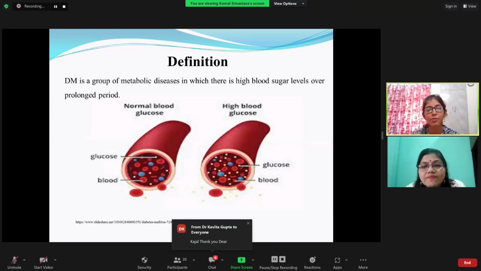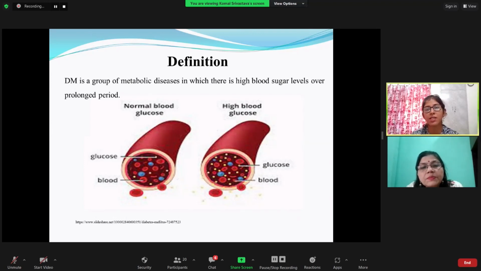So just recapping what exactly diabetes is and the different types: diabetes mellitus is a group of metabolic diseases in which there are high blood sugar levels over a prolonged period of time. It is not that in one night this child or the patient is diagnosed as diabetic.